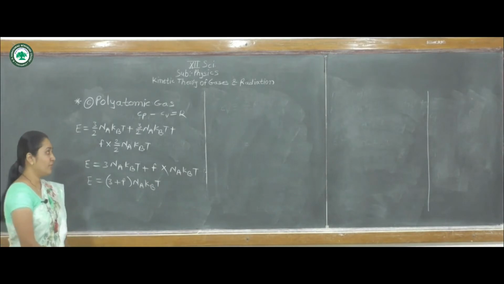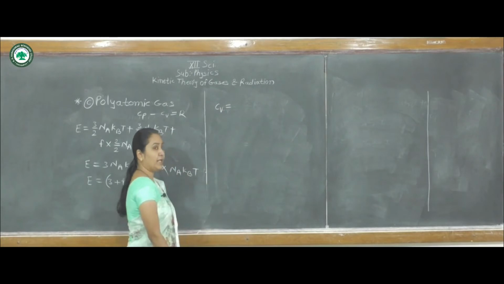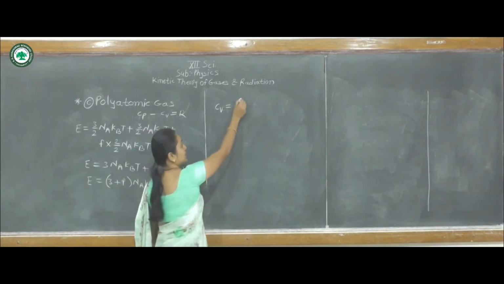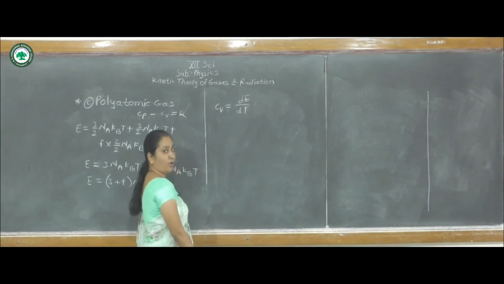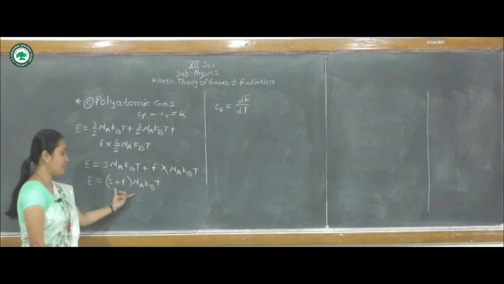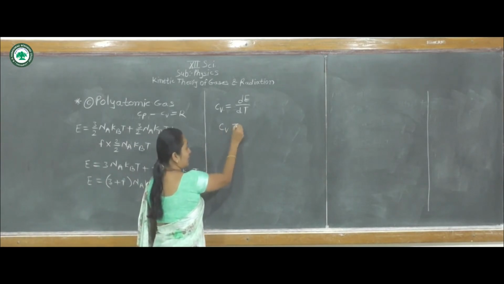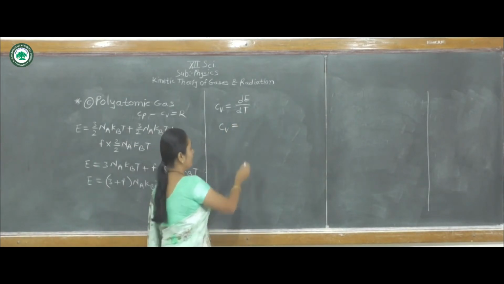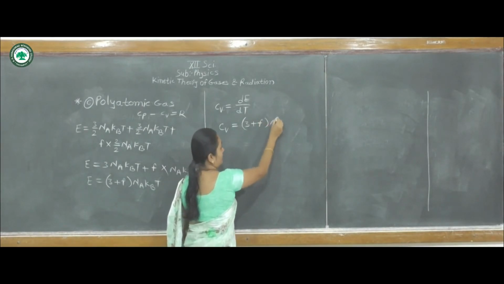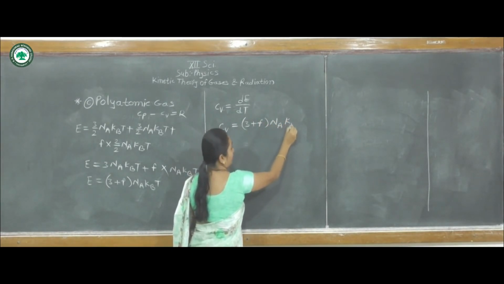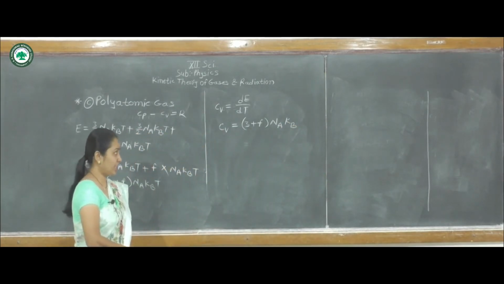Now we can find the Cv, that is specific heat at constant volume, equal to dE upon dT. We have this value of E. So from this equation we can write Cv is equal to (3 plus f) Na into Kb.